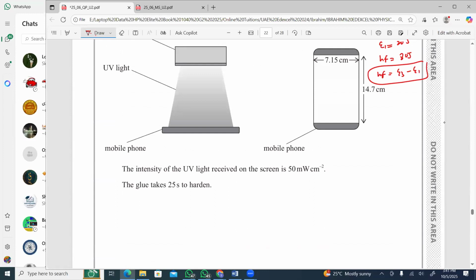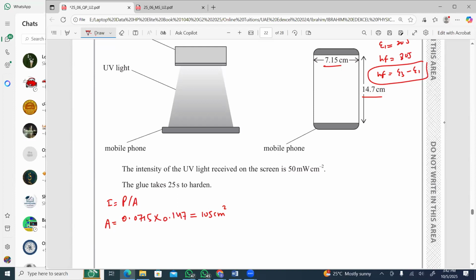First of all, you need to know that intensity is power over area. So you need to know the area. The area is 0.0715 times 0.147. Actually, forget about converting that into meters; centimeter squared is okay.